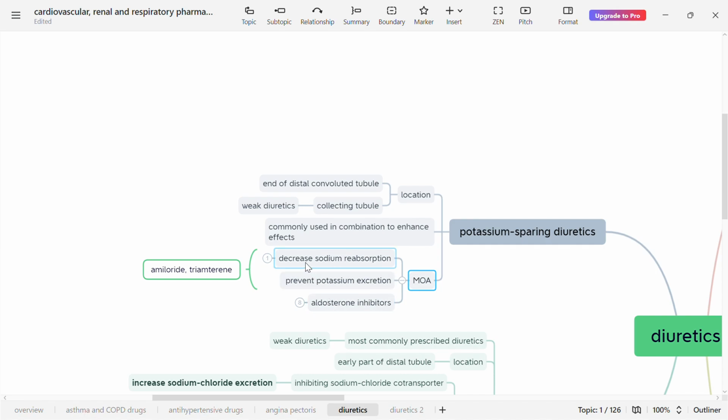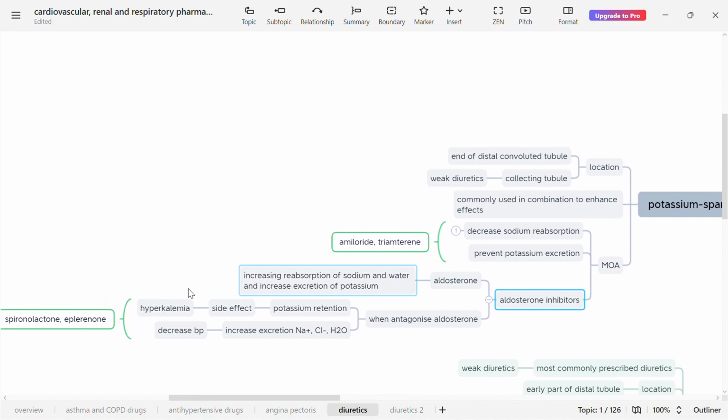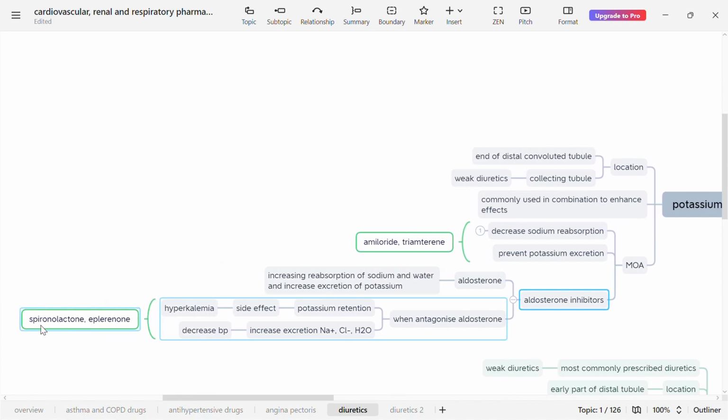Under this, we have the examples of amiloride and triamterene. And for aldosterone inhibitors, we have the examples of spironolactone and eplerenone. So the action, let's see. We have to know the aldosterone inhibitors. Before that, we have to know what is the action of aldosterone itself. Aldosterone will increase the reabsorption of sodium and water, as well as increase excretion of potassium.